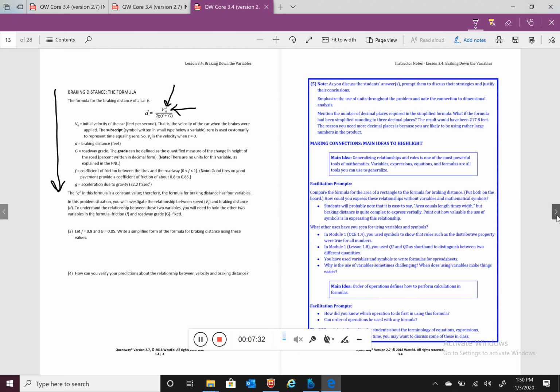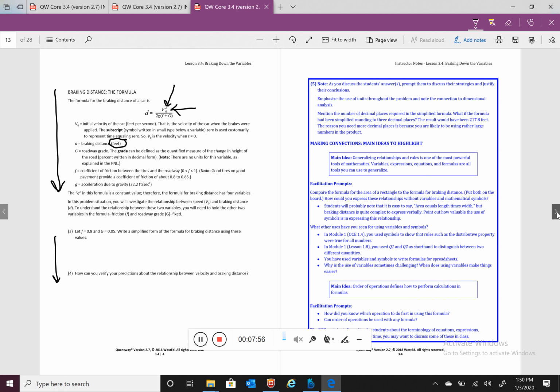So we need to understand what subscript means. We also need to point out to them, or have students point out to each other, that many of the variables also come with a unit of measurement, and then let them proceed with questions 3 and 4, alternating with class discussions.